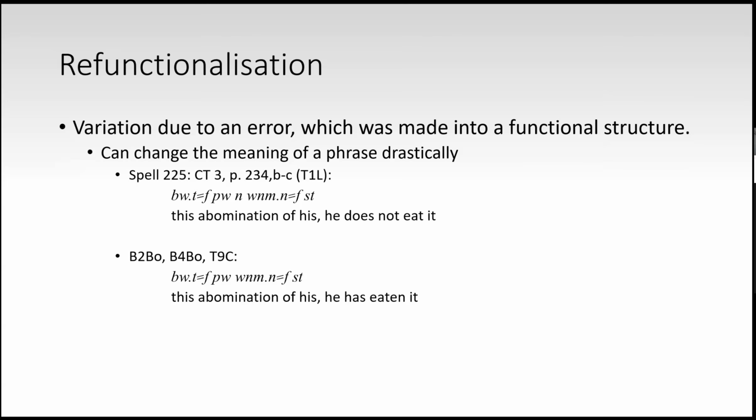Because in general, what happens is that the negative n disappeared, and this is not the only time this happens. I'm rather certain I remember that this happens a few other times with this exact same phrasing. So it's a rather intriguing aspect where something disappears, is clearly not noticed by the scribe, but completely switches around what the phrase means, which, if you would base any theories of the afterlife on this, is rather important to understand.